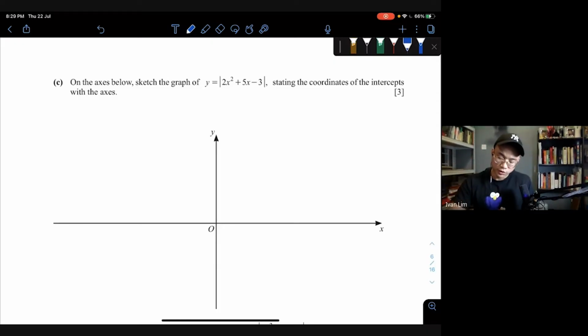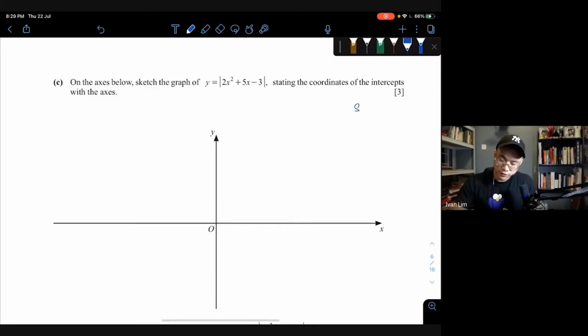For modulus graphs, my way of doing it is a bit different from the textbook, where you straight away count with the modulus. Just draw the original graph first, then just flip it. It will be less confusing.